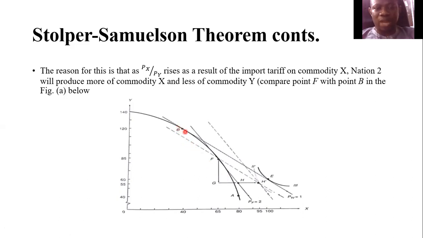And the country will find itself at point F, whereby the country has actually increased its volume of commodity X at the expense of commodity Y, by way of substituting capital, which is available for production of commodity Y, to commodity X. And because of the increase in the labor below, that means that imposition of tariff in most cases, if not judiciously followed through, can actually bring about a change in the production possibility curve for any country.